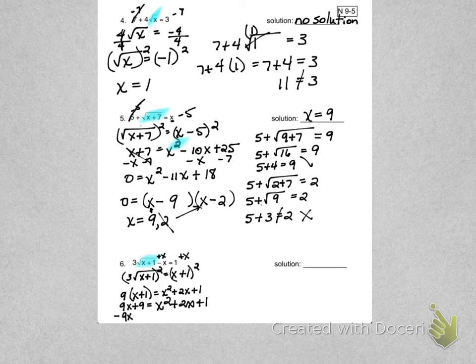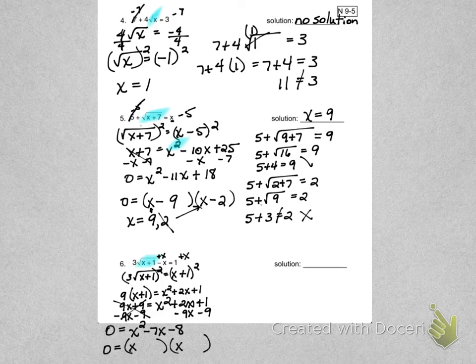Subtract 9x and subtract 9. Okay, so all that becomes 0 over here. 0 equals x squared minus 7x minus 8. Okay. Now, can we factor that? That's the next question. It has to be factored or quadratic.